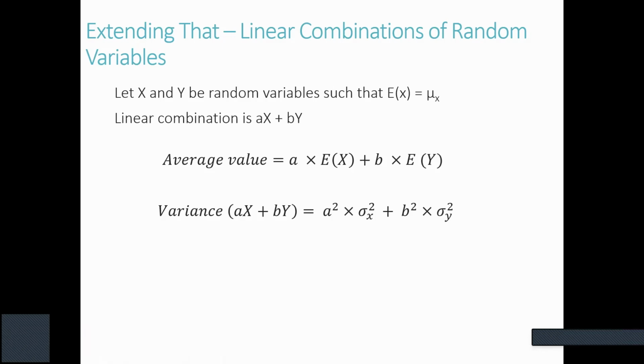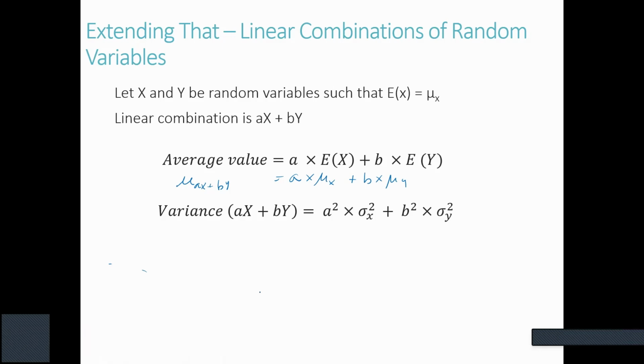To get the expected value of ax plus by, that would be a times the mu of x, that's the expected value, plus b times the mu of y.